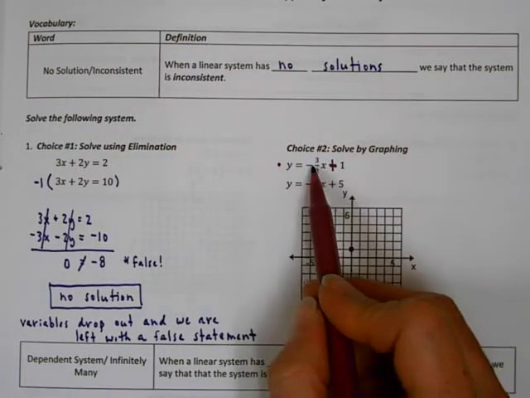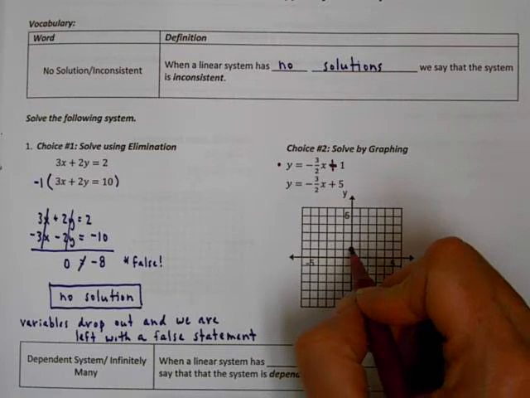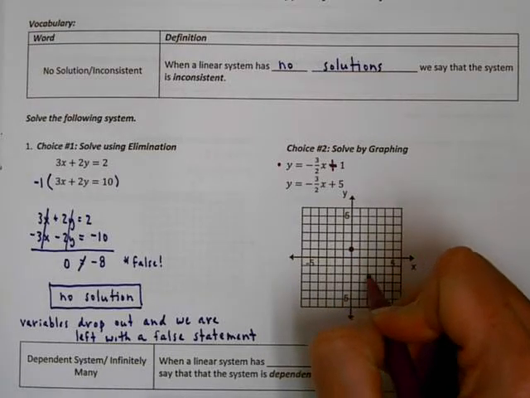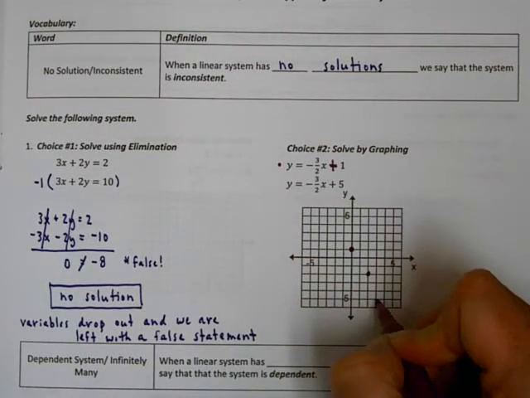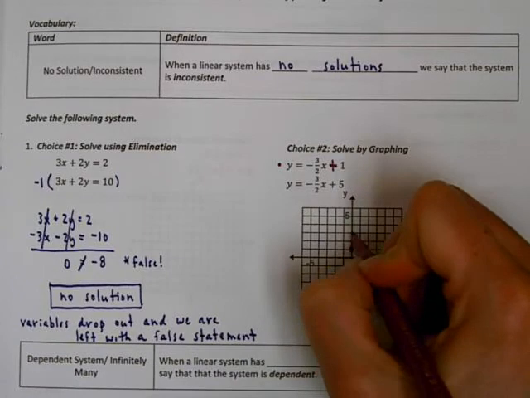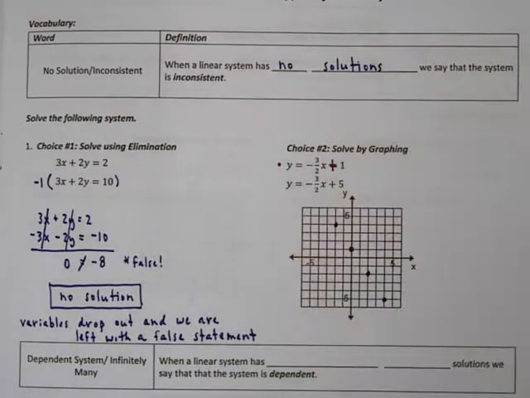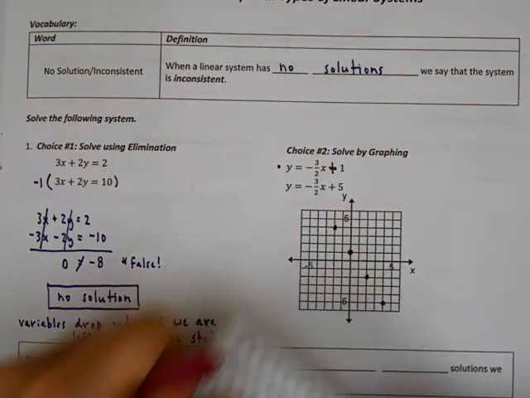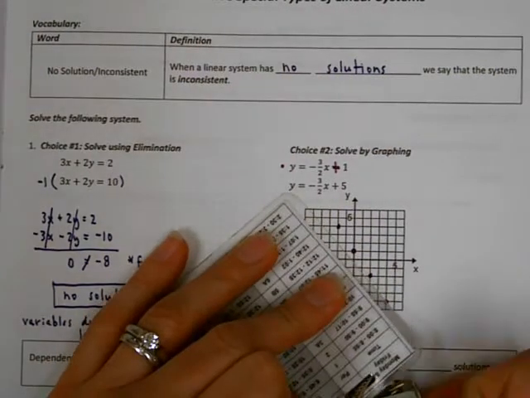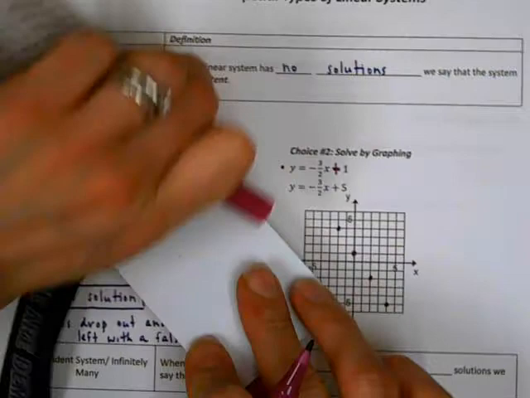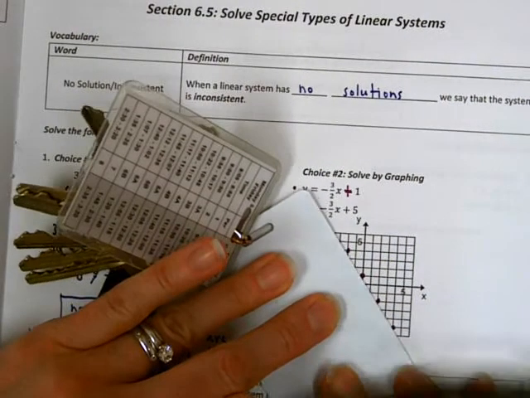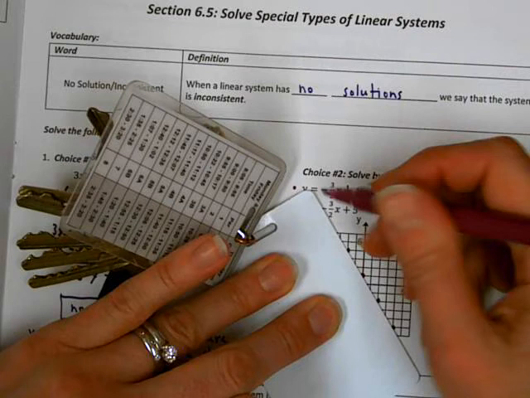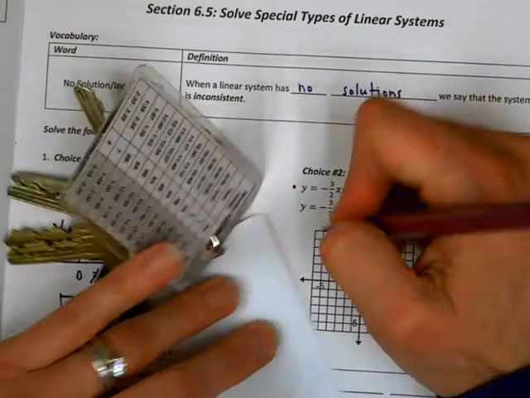My slope is negative 3 over 2, so that means I'm going to go down 3 and over 2. Okay, so I've got some points and I'm going to go ahead and draw in that line. There's my first line.